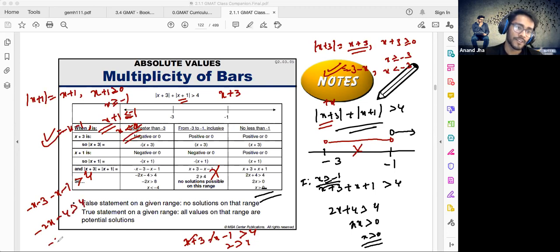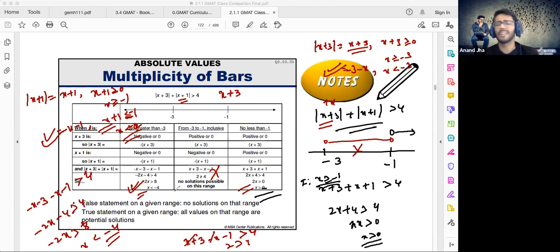Take 4 to the other side: minus 2x greater than 8. Divide both sides by minus 2, so the inequality sign will get changed. X less than minus 4. So x greater than 0 or x less than minus 4. These are my two cases.